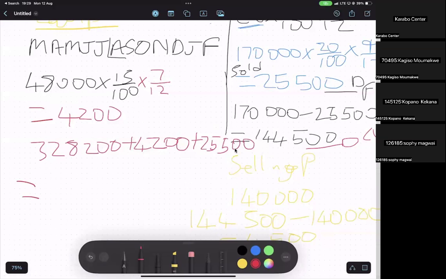Our total depreciation is 357,900. Guys, did you also get 357,900? If you got 357,900, raise your hand, please, or give me a thumbs up, please.